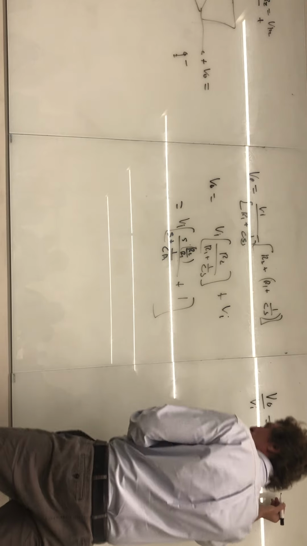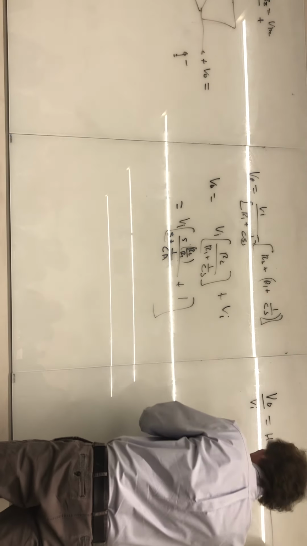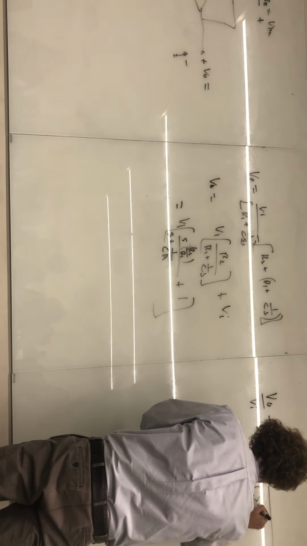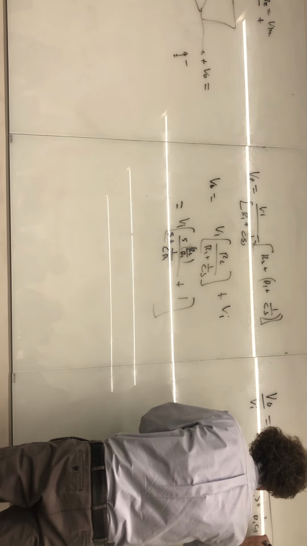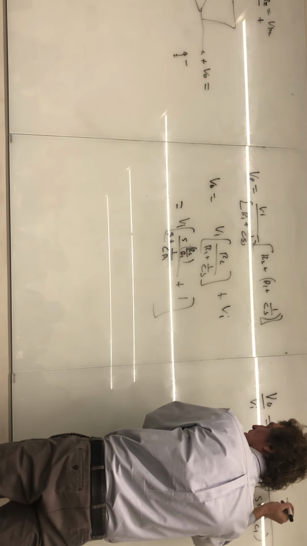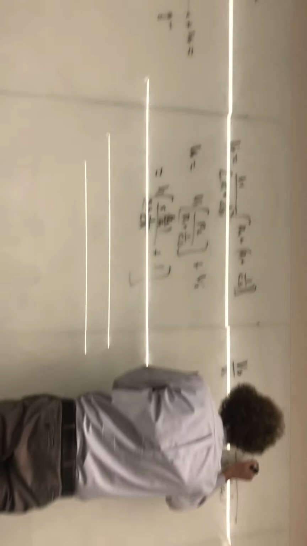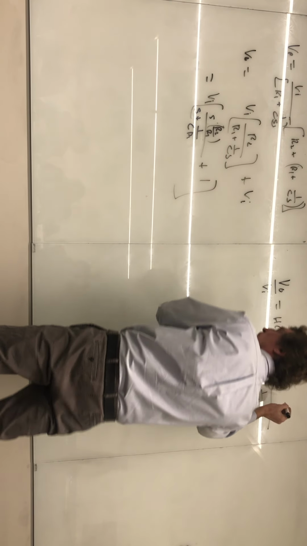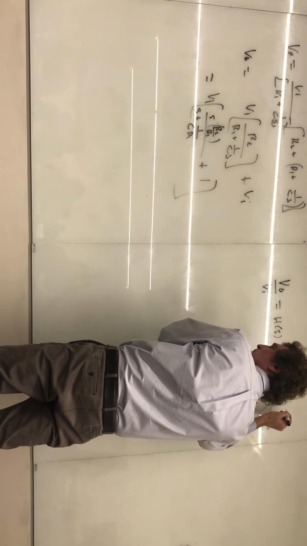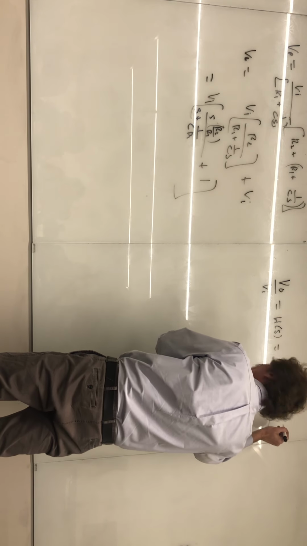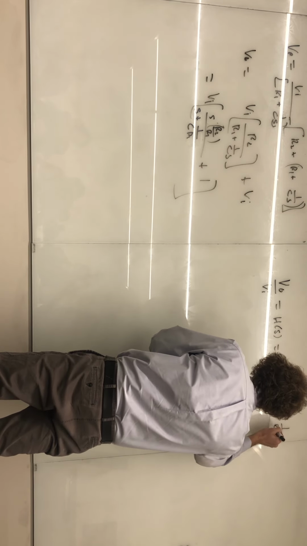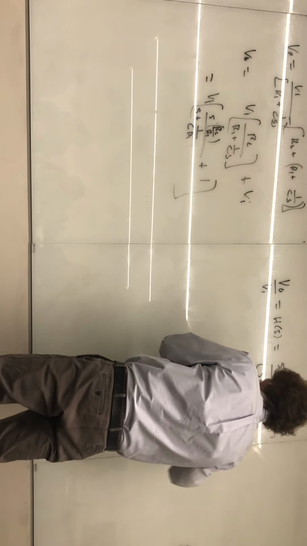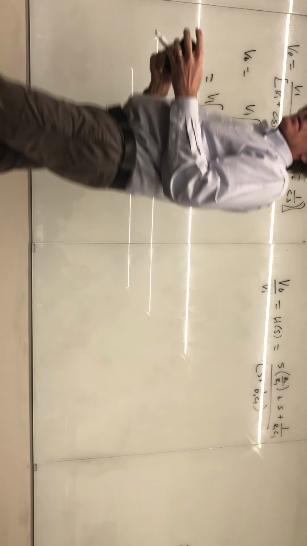And that's gonna be equal to quantity, first it's S plus 1 over R1 C1, and then it's going to be S R2 over R1 plus S plus 1 over R1 C. There's nothing tricky about this.